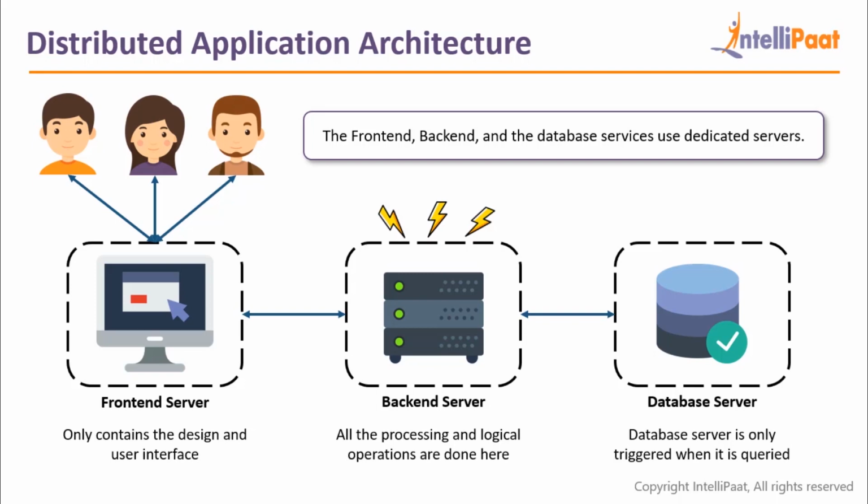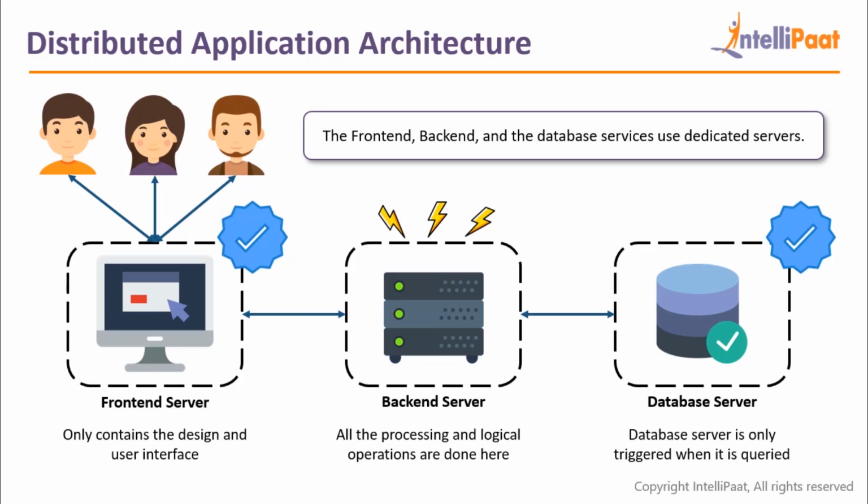So considering the backend server has used all of its resources and has crashed, the other two servers will not have any harm on them. The front-end server will still be hosting the website, and this website will still be visible to the users. Even though the backend services won't be running at the current time, and the users will not be able to use the services provided by the website, the website will still be visible on the browser.